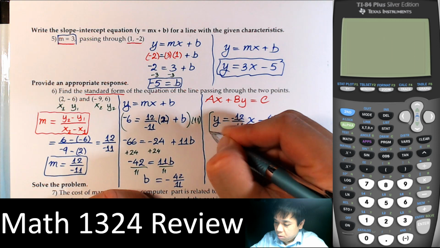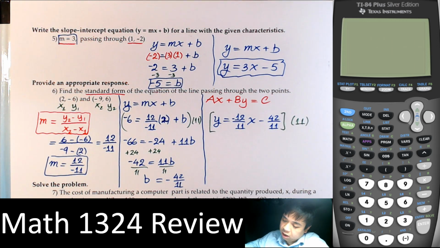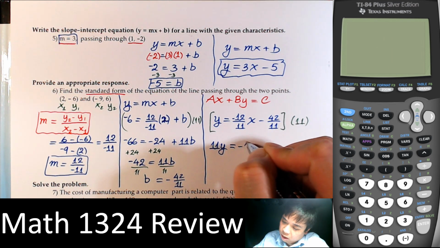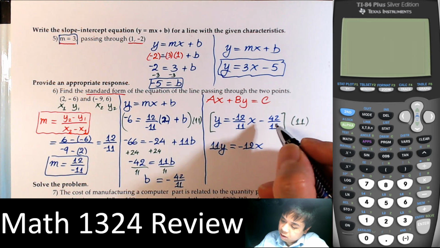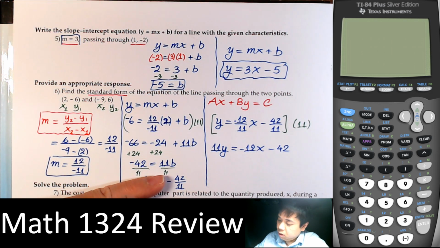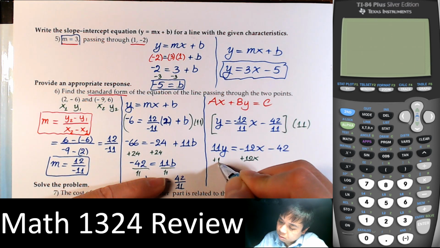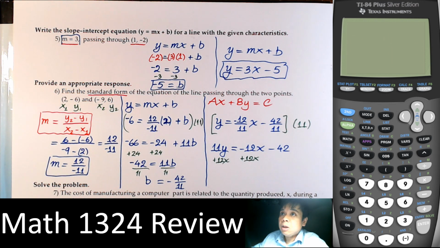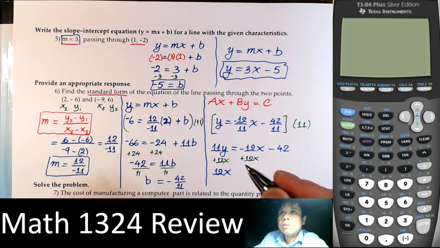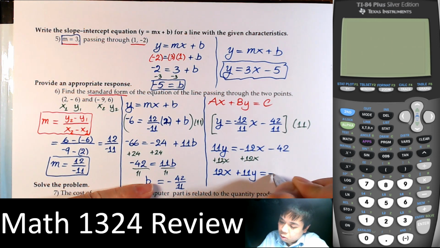Then I will multiply both sides by 11. 11y equal to negative 12x, because 11 cancels out here, minus 42, and then plus 12x on both sides. So we have 12x plus 11y equal to negative 42.